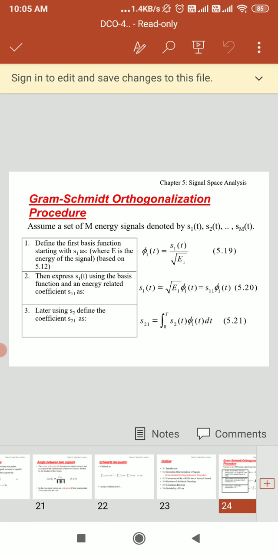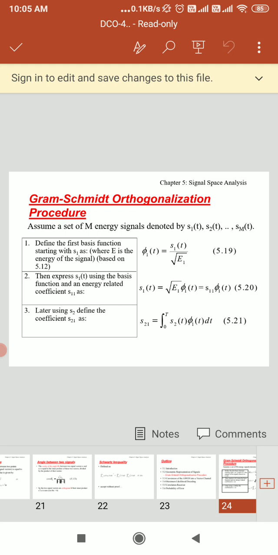Here we are taking phi 1 of t, because we are defining the first basis function, and the basis functions we denote by phi. So the first basis function phi 1(t), starting with S1, where E1 is the energy of the signal, is phi 1(t) equal to S1(t) upon the square root of E1.